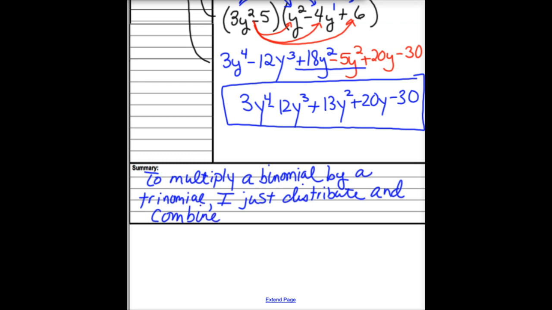Booyah. Like terms. All right. And that's it for this section.